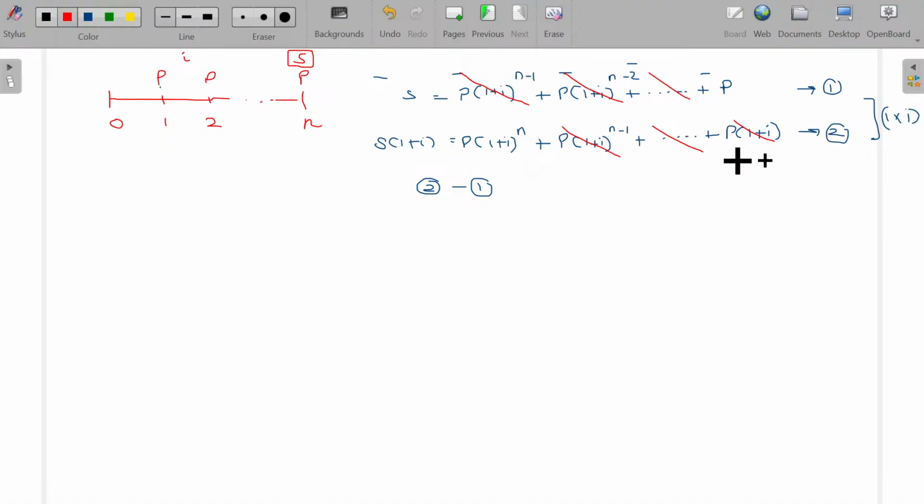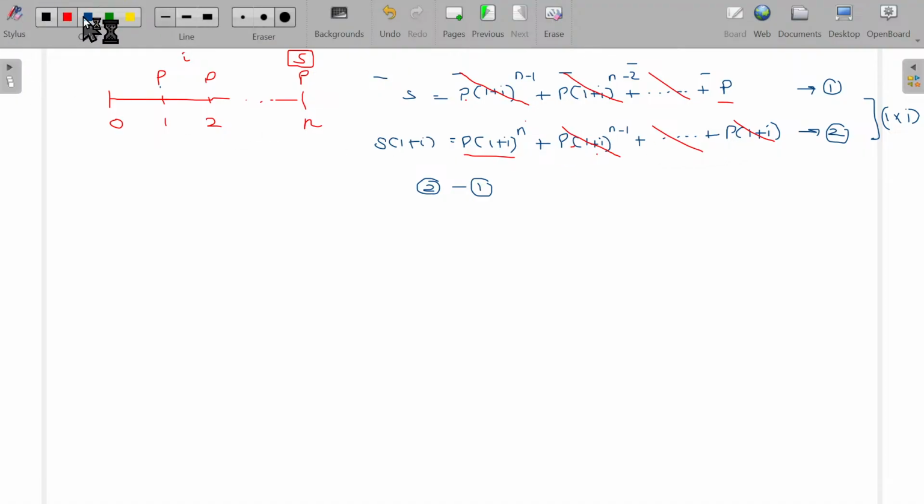So 3 items cancel, 3 items cancel. In the second equation, the first term, and in the first equation, the last term remains uncancelled. Is that okay? The first and second cancel, second and third cancel, third and fourth cancel, last but one and last cancel. Okay, you can write 3 or 4 terms, you will easily understand this one.